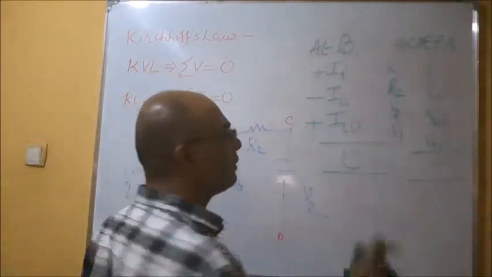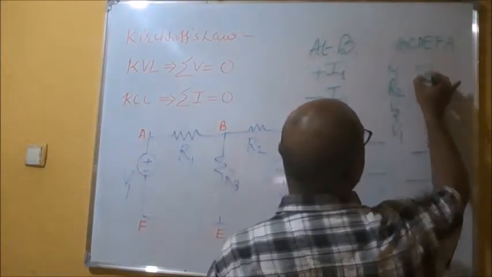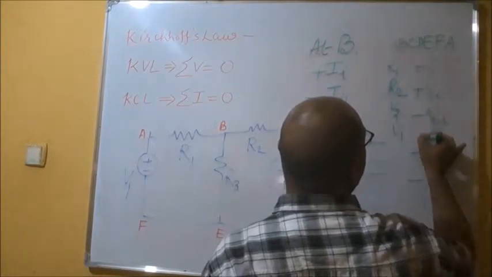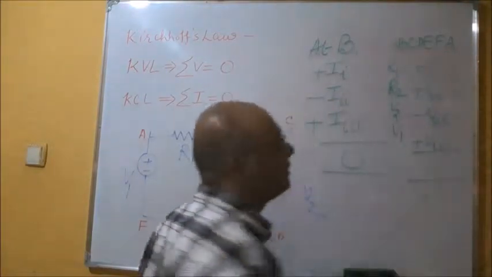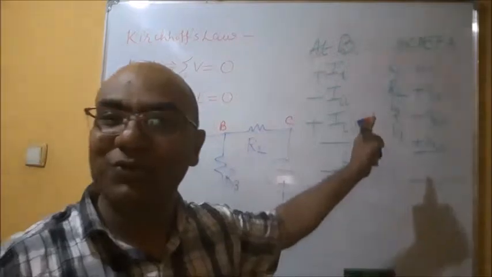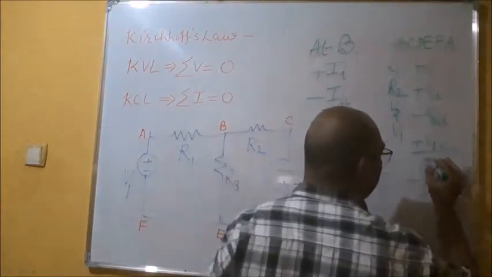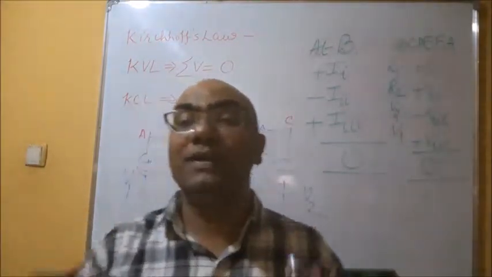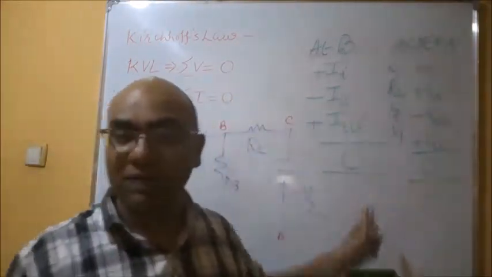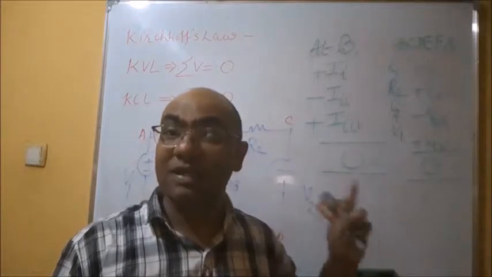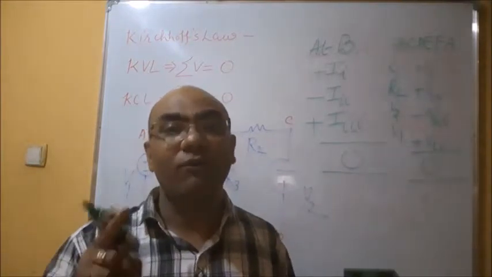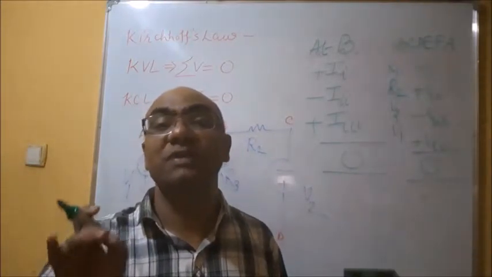For example, suppose this is positive, this is positive, this is negative, this is again positive. Now do the algebraic sum and it should be 0. So in any closed path, the algebraic sum of all the voltages must be 0.